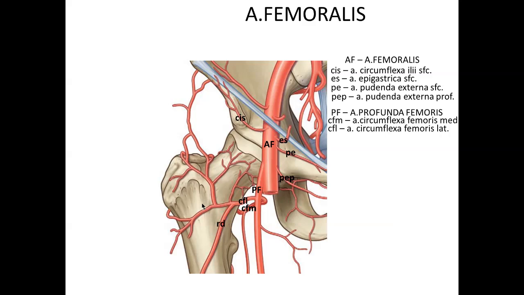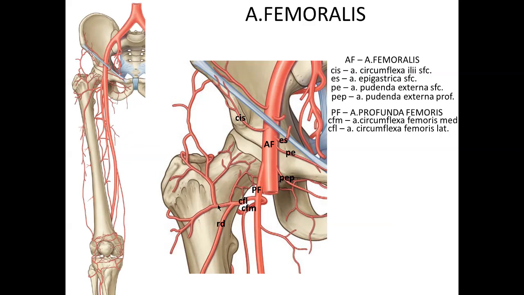And another very interesting vessel, this one, what is it? I'll also use this large scheme for demonstrating it. What is it? It's ramus descendens of what? Of arteria circumflexa femoris lateralis.